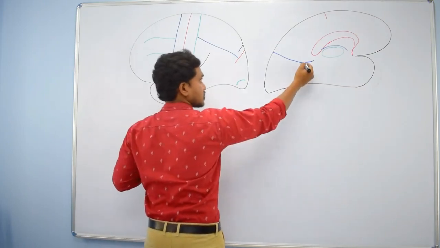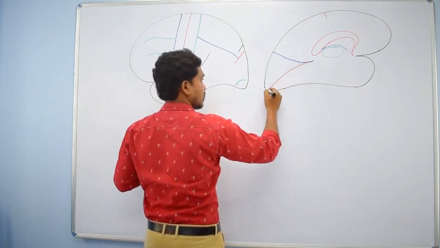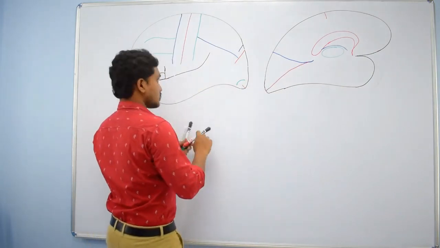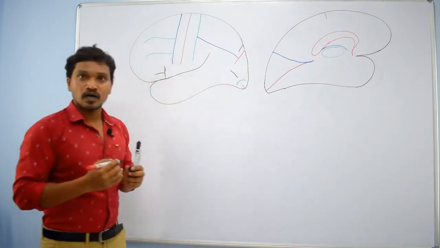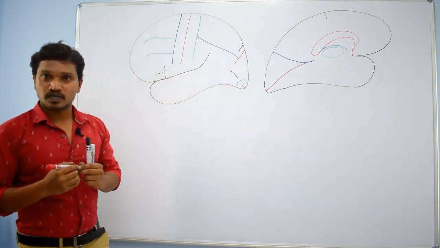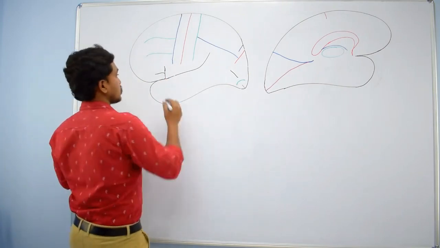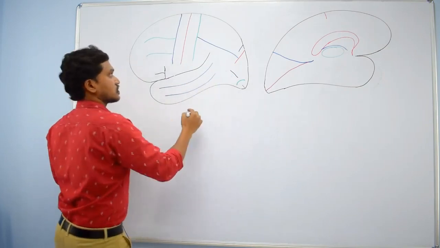Of course, the calcarine sulcus arises from the medial side and appears here. This is the calcarine sulcus, and here one sulcus is there. This is the lateral occipital sulcus, right? Then superior temporal sulcus, inferior temporal sulcus.